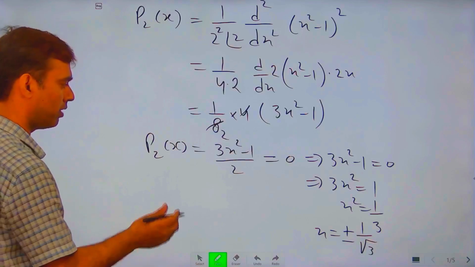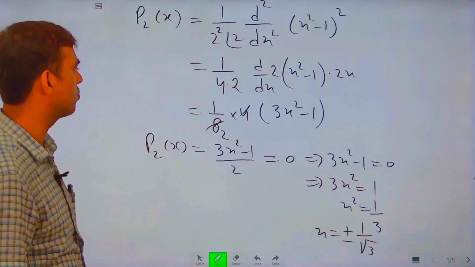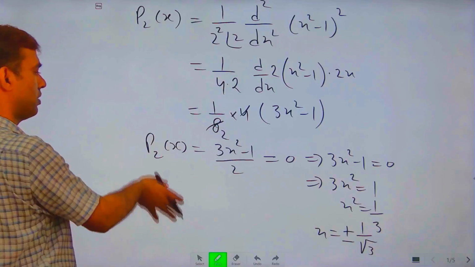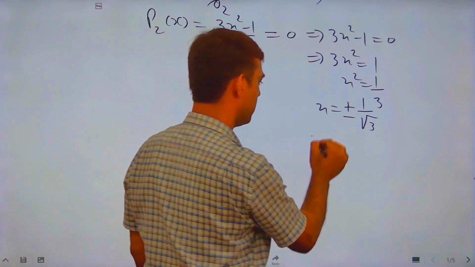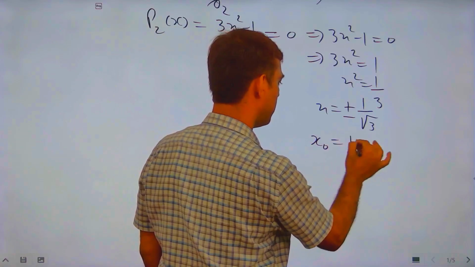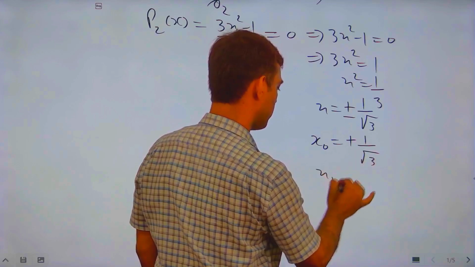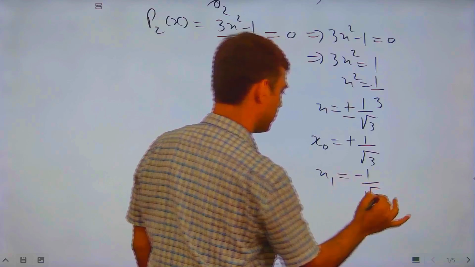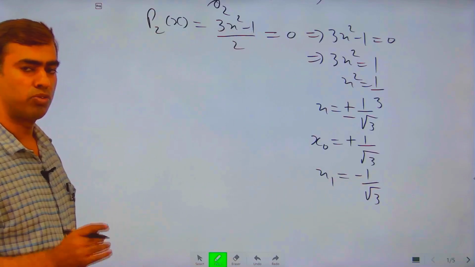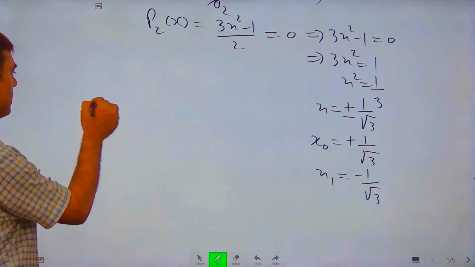So one nodal point is plus 1 by root 3, and the other nodal point is minus 1 by root 3. Here we assume x0 is plus 1 by root 3 and x1 equals minus 1 upon root 3. These are the two nodal points with the help of Legendre's polynomial. Now, how do we find the weights?